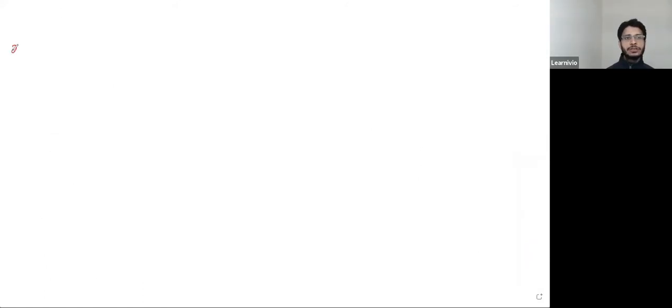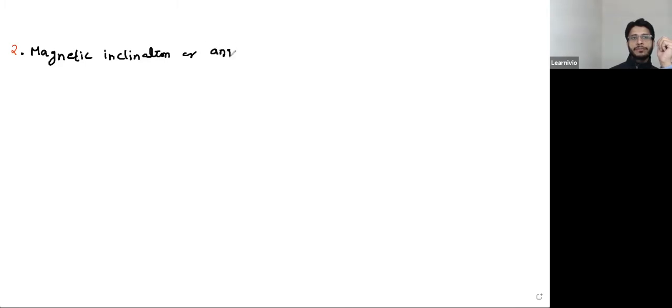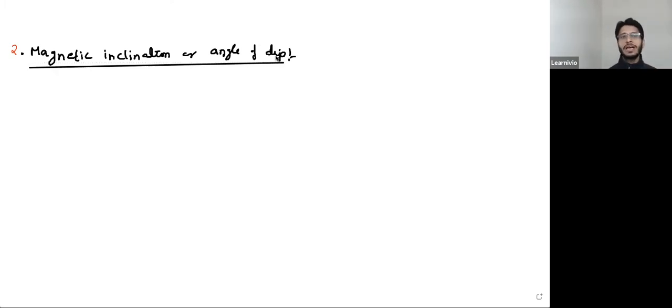After declination, the next element is magnetic inclination, or angle of dip. Basically, these terms declination and inclination are in context with a device known as the dip circle.